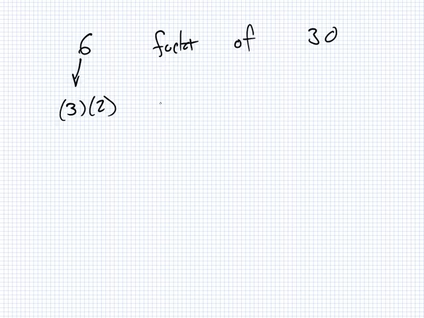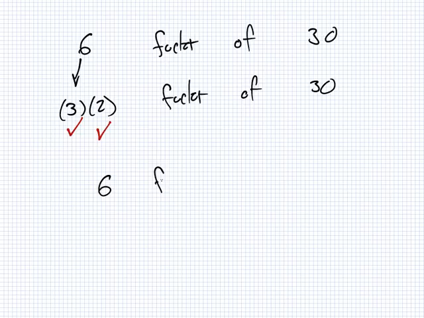So for example, suppose I say that 6 is a factor of 30. 6 can be written as 3 times 2, and that's a factor of 30. Is 3 a factor? Is 2 a factor? So what's happening is, if you say 6 is a factor of 30, that means 30 must be 6 multiplied by some number.